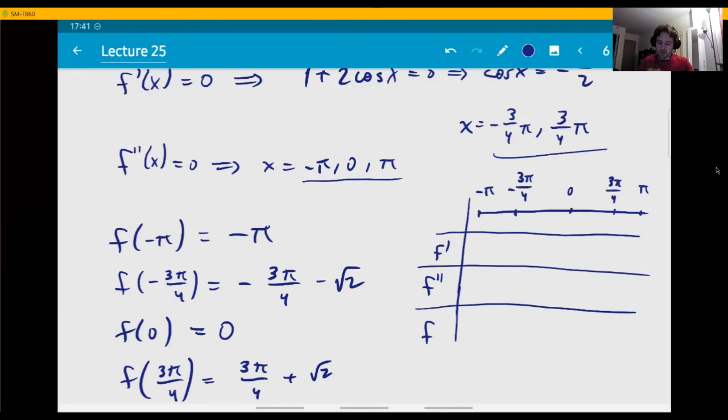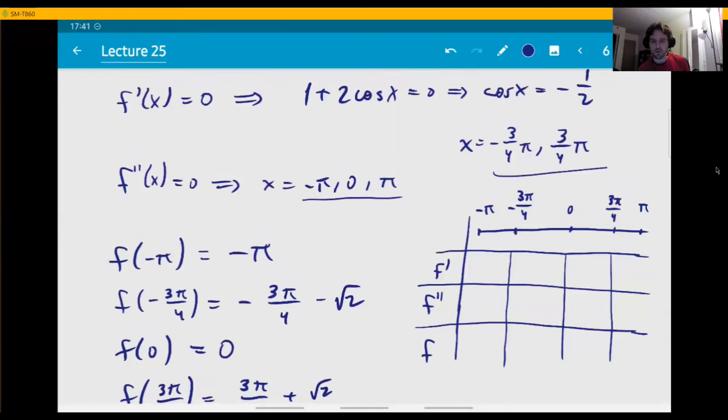You're only concerned about these particular locations. Analyze the signs and everything. That's very easy to do by, once again, just plugging in points or also trying to understand what are the meaningful points for each one of these, like f prime. It's only going to change signs at the locations where that function was equal to 0.